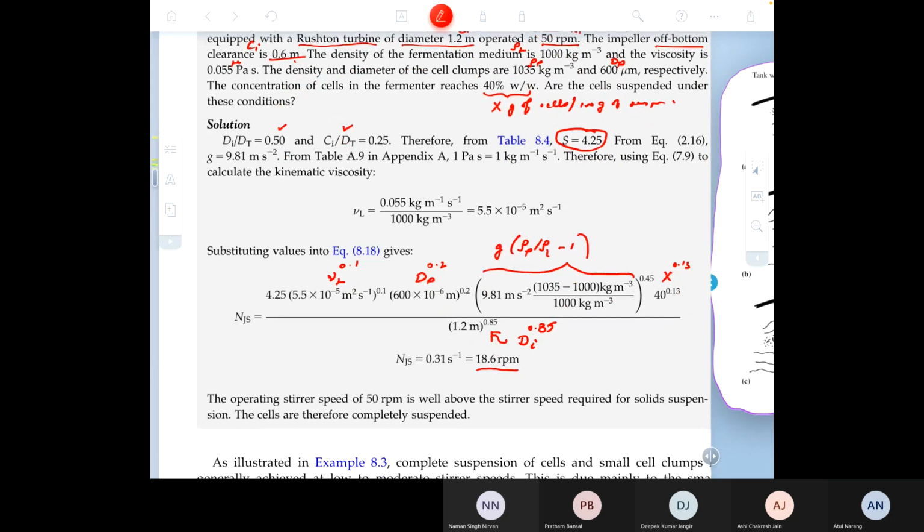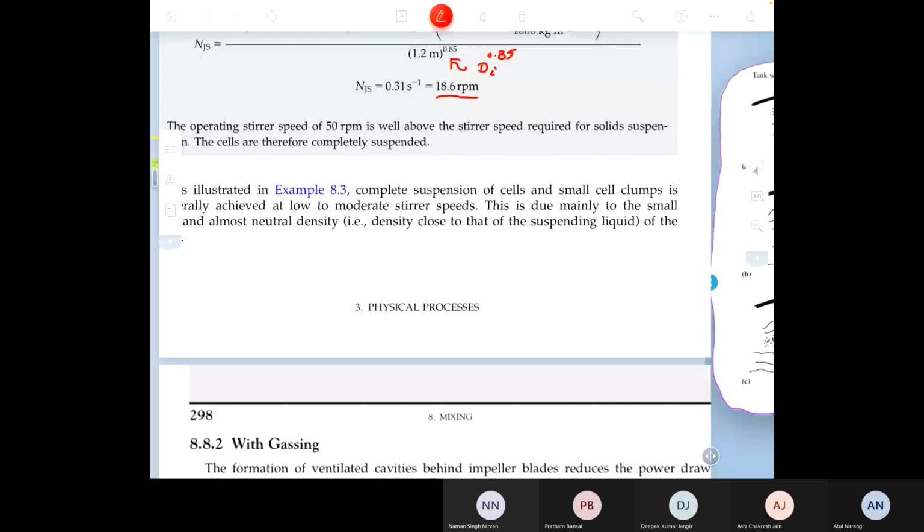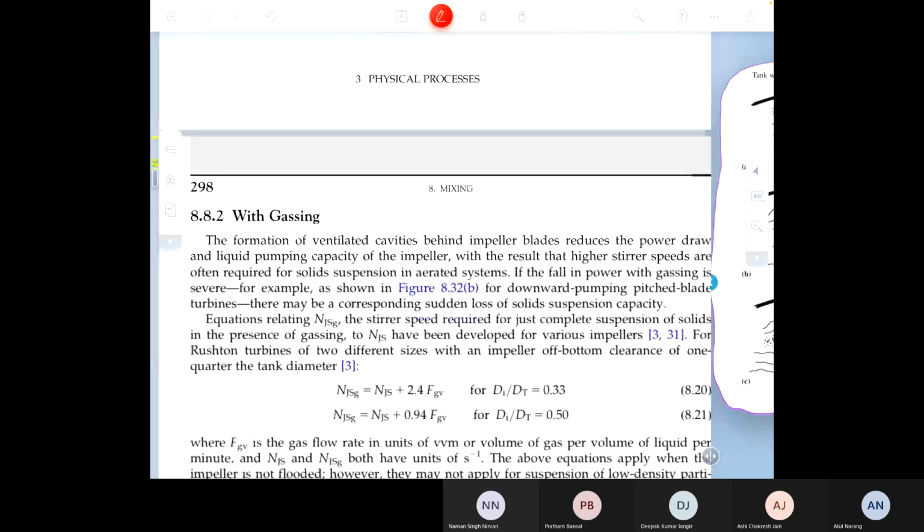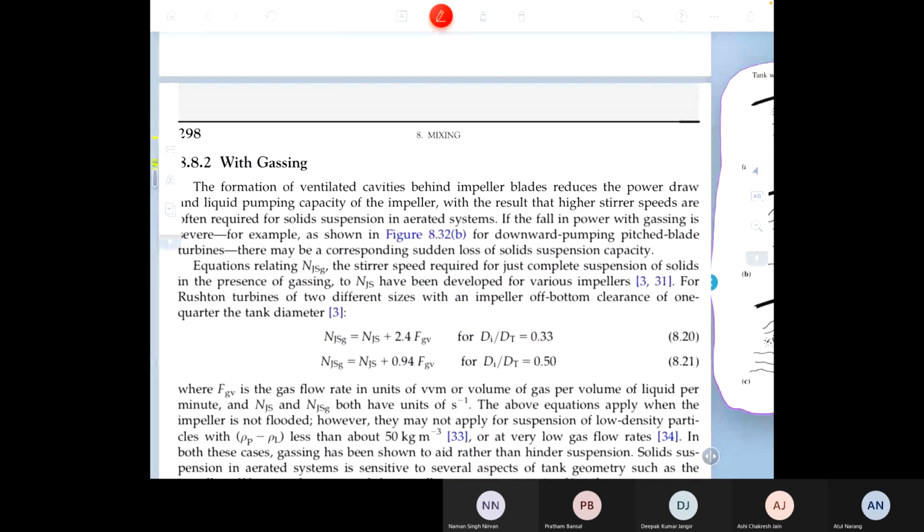Is that part clear? I think that's all there is to this section. I think we will only have to change a little bit to include the effects of gassing, which I'll cover next time. So far we have done it without gassing.